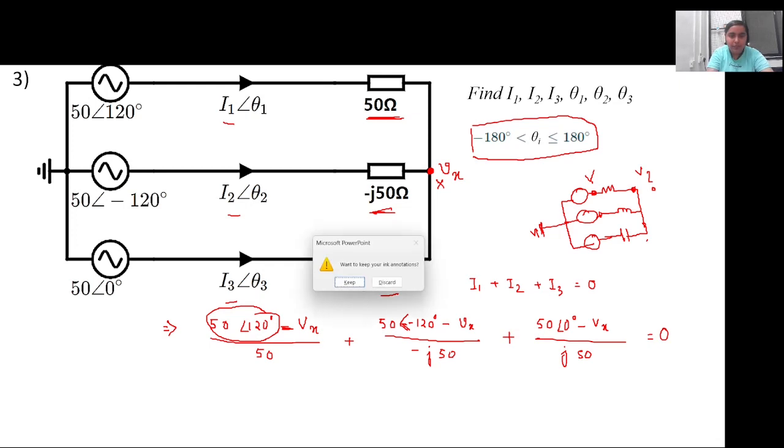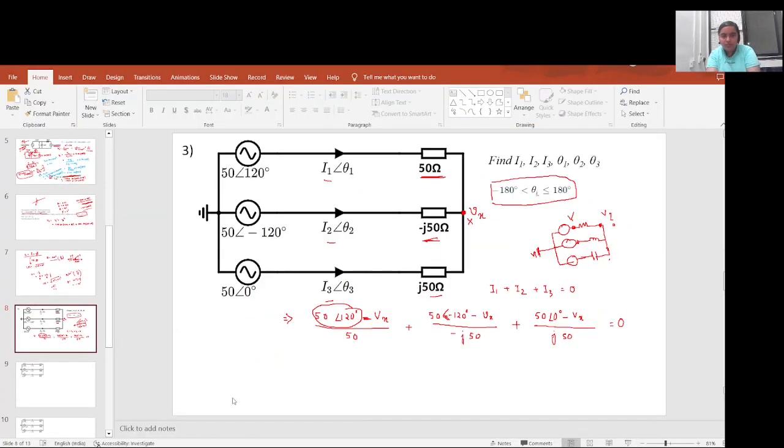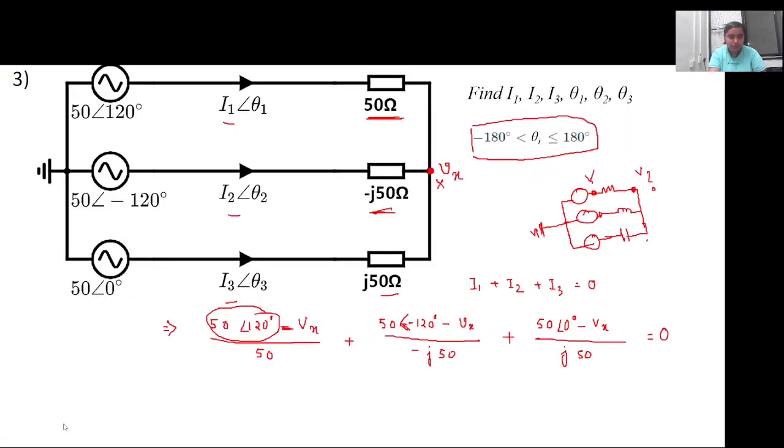So can you separate out the known and the unknown part? Since we have to calculate Vx, the rest of the part we can separate out. So this 50 angle 120 by 50 plus 50 angle minus 120 by minus j50. I'll do it step by step.